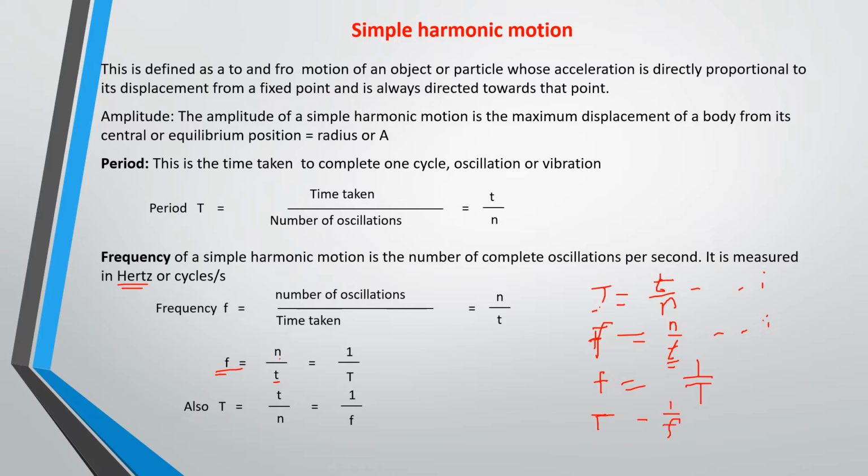So you need to take note of all these equations because you'll know when to apply them if you are solving any problem. So period is 1 over f and f is equal to 1 over T, right? So please take note of these equations of frequency and period.